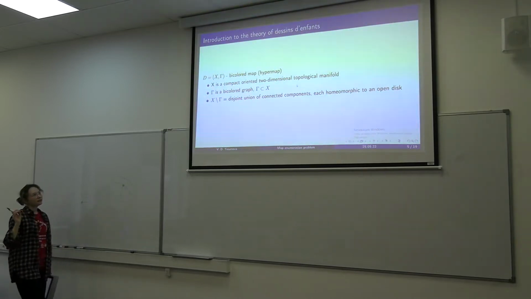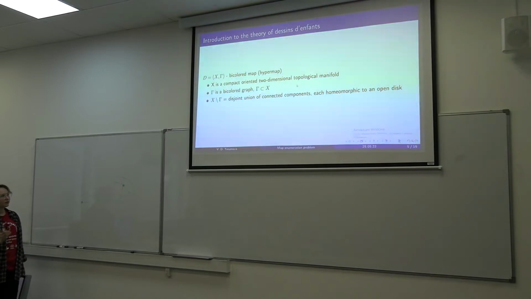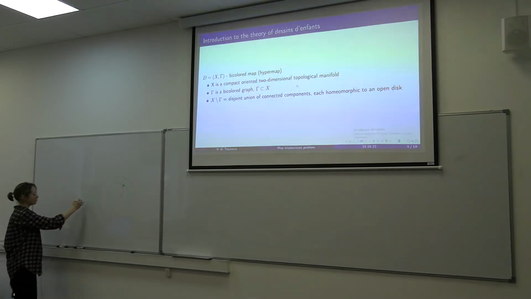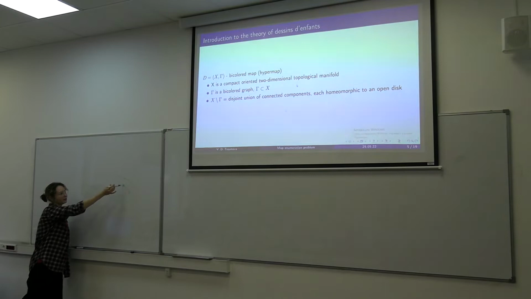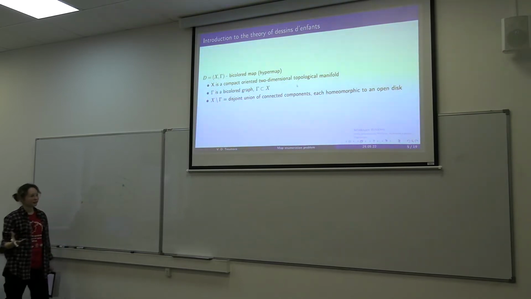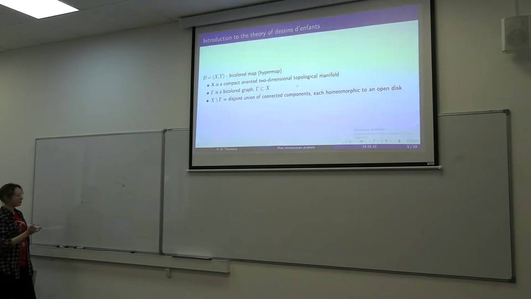And the important aspect is that if we cut our surface using the lines of our graph, we get a disjoint union of connected, we get just a union of disks. For example, here, if we cut, we get just the thing that is homeomorphic to a disk.